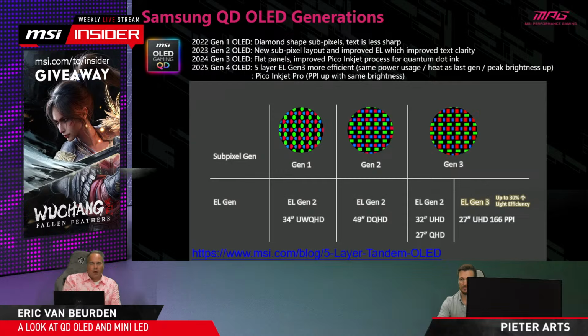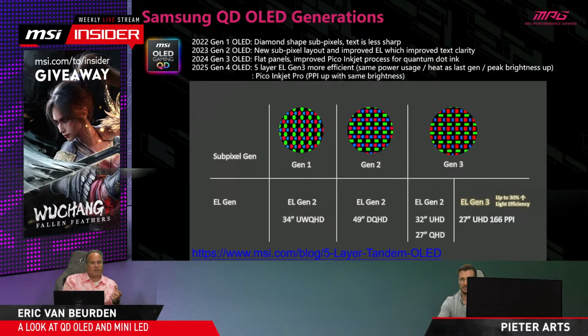If we look at Samsung QD-OLED, in 2022 the first generation was introduced. It had diamond-shaped sub-pixels, and because of that the text was actually not clear. So they worked not only to improve the OLED but also the text readability.